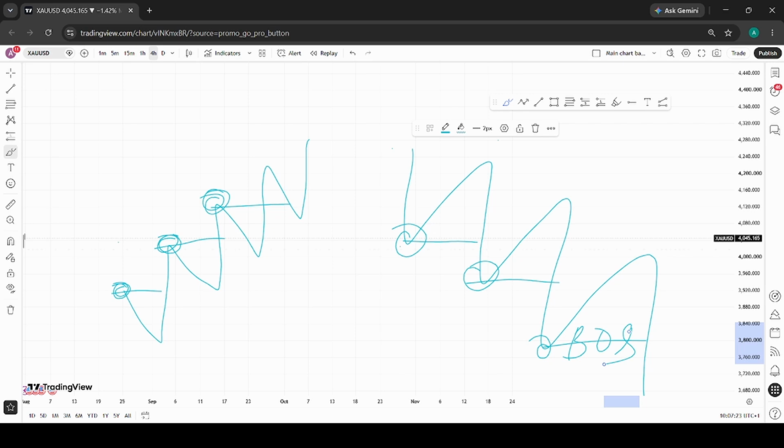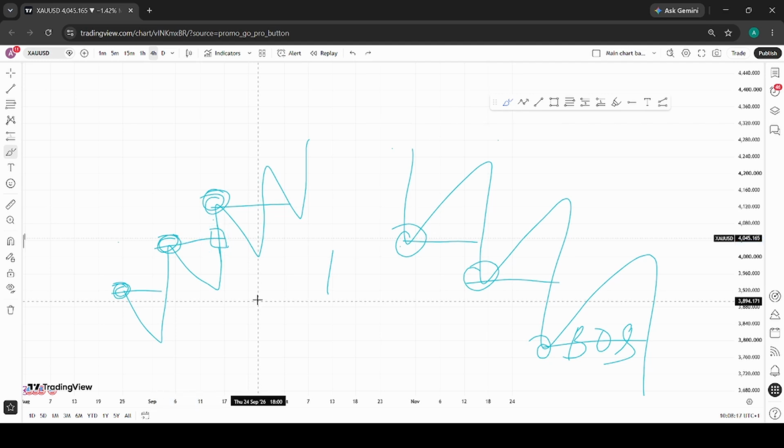By that I mean, if this is a candlestick and you can see price closes with a body here, this is a valid break of structure.